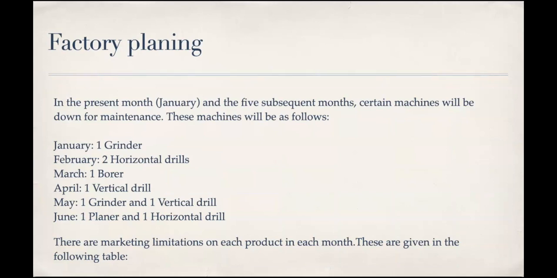In March, 1 borer will be down. In April, 1 vertical drill will be down. In May, 1 grinder and 1 vertical drill will be down. And in June, 1 planer and 1 horizontal drill will be down.